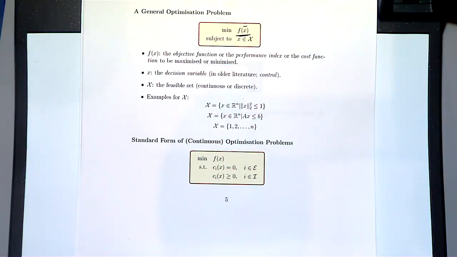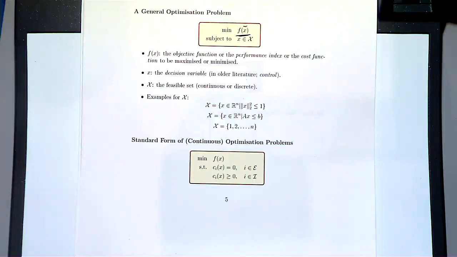So I want to find the value of the decision variable x that returns the smallest value for f(x), but I want to limit x to belong to some set calligraphic X. So of all the elements in calligraphic X, I want to find the one that minimizes f(x).